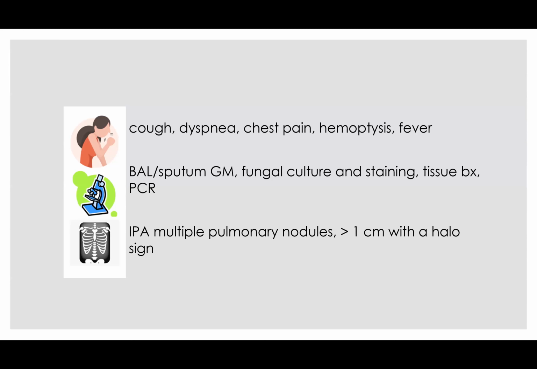In terms of radiographic presentation, a halo sign is usually described, and it's a ground glass attenuation surrounding a solid central core. The ground glass component represents pulmonary hemorrhage that is due to the angioinvasive nature of the aspergillus.